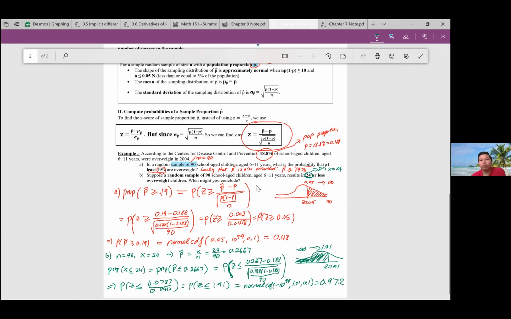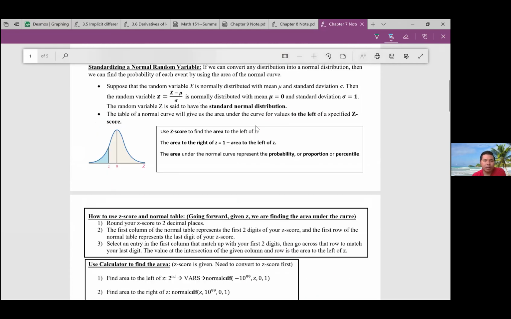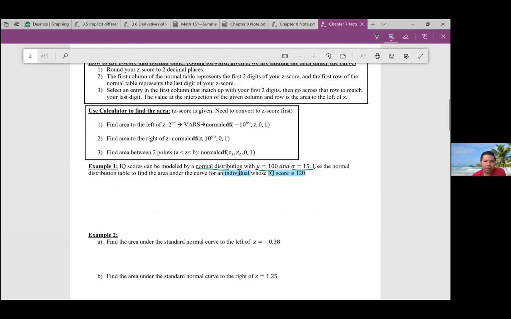Okay, so again, everything is converting to z-scores, but you can recognize whether you're going to use just a very simple z-score initially. If you look at chapter 7, you will not see anything about probability of the mean or probability of proportion.